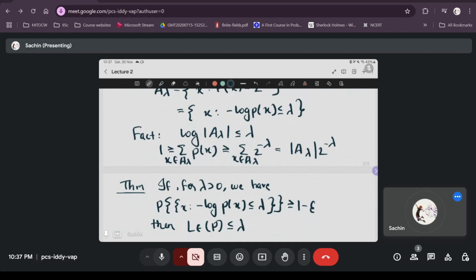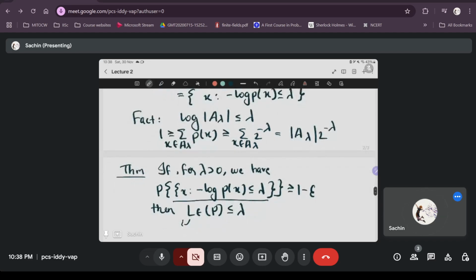So this is a high probability set. We are saying if this is a high probability set, then the cardinality of that set is the cardinality of A lambda. Log of that will be log of cardinality of A lambda. Since L epsilon of p by definition is the minimum number of bits, the minimum will be lesser than or equal to lambda.